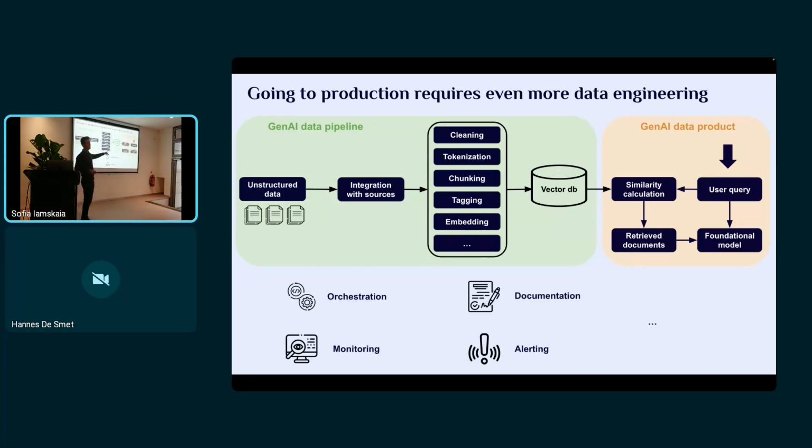We will have different GenAI data products for different users with different use cases. Some use cases require really near real-time information, and then you probably need to update every time that you detect an update in your buckets, for example. But when it's not that critical, you can say, to reduce the cost, I just want to run it once a week.